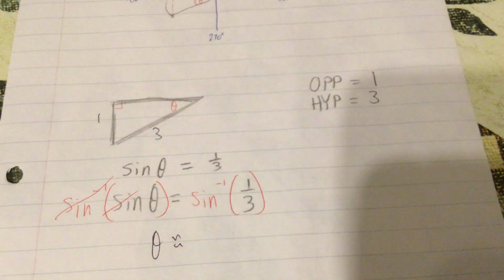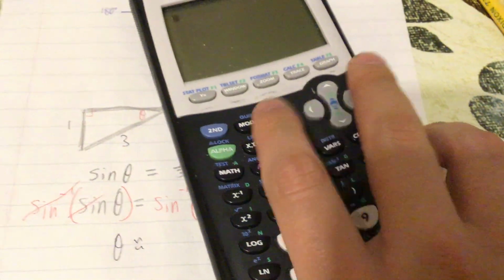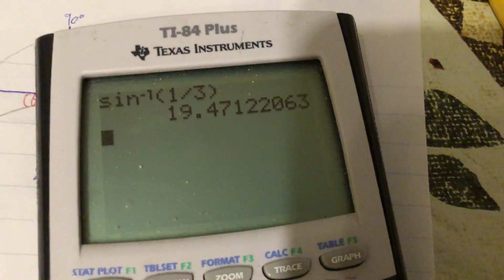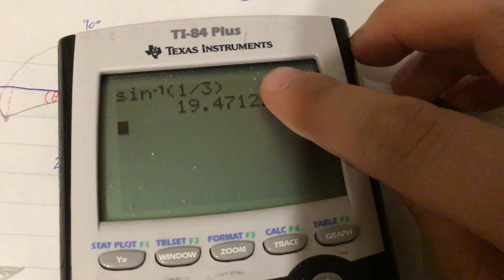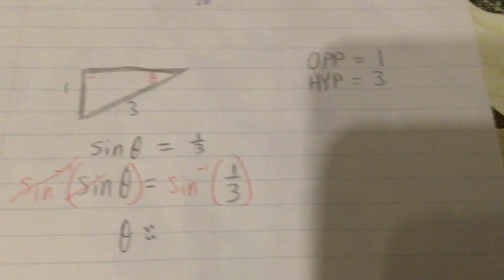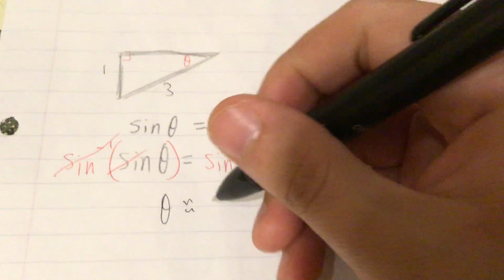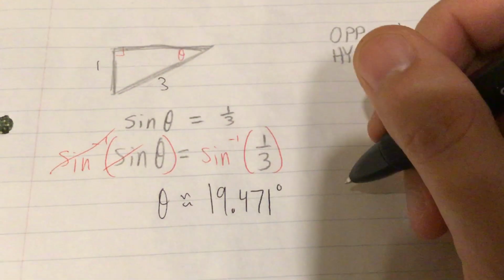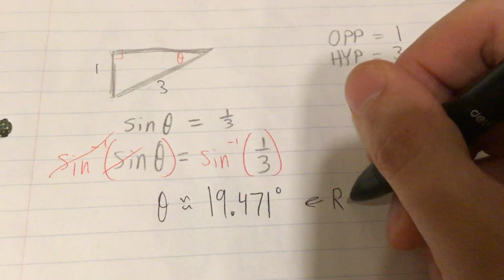I'm going to pull out my calculator. Sine inverse of 1/3 is 19.4712. That's just going to round down to 19.471. So 19.471 degrees is our reference angle.